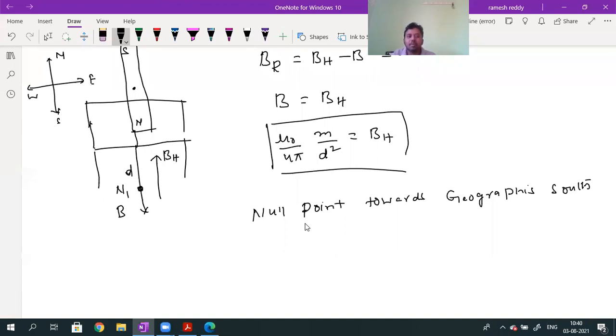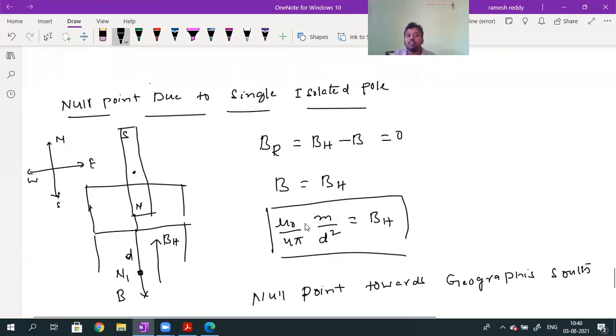Then immediately a few members may ask, sir, why not above the table? Now, if the null point were above the table, what about the field lines direction? Due to the north pole, the magnetic field lines will be radially outward.